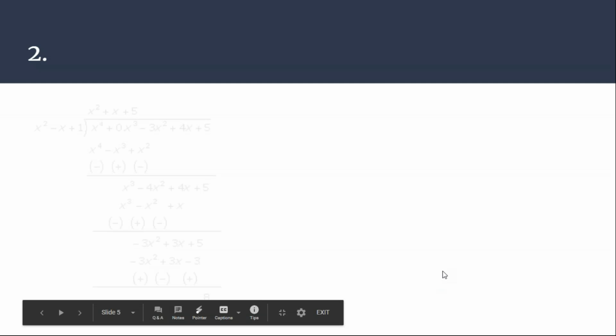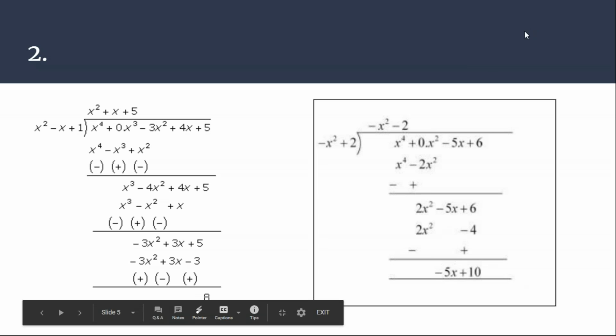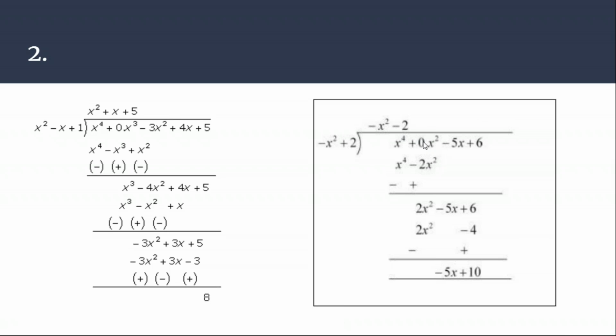Okay, I'll just show you the solution. Here. Yes, remainder is correct. Yes, Manasvi, your remainder is right, but check your quotient once. So you will rearrange the g of x as minus x square plus 2 and include the terms in p of x.